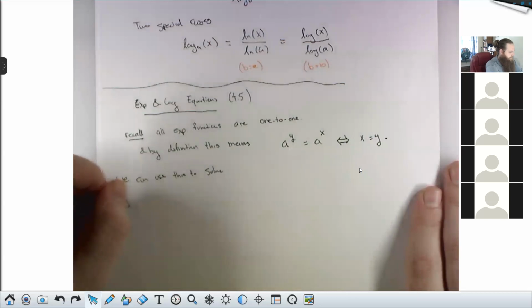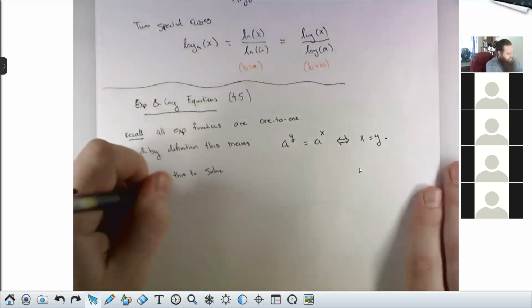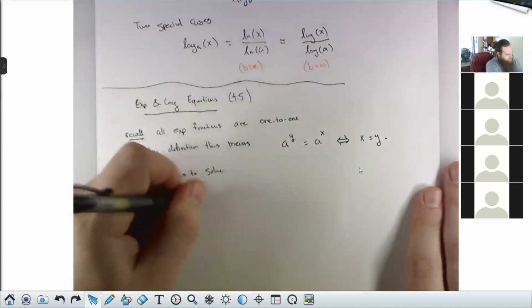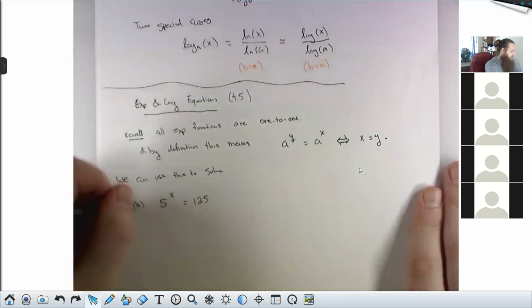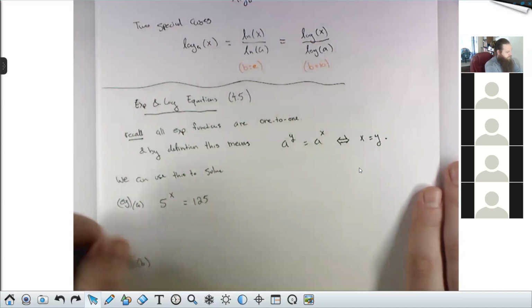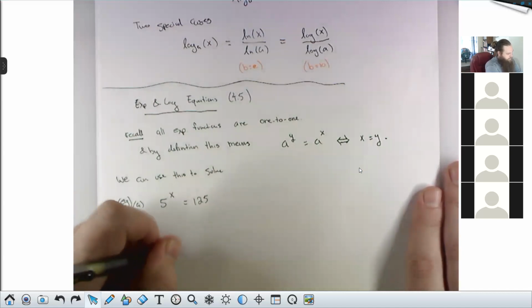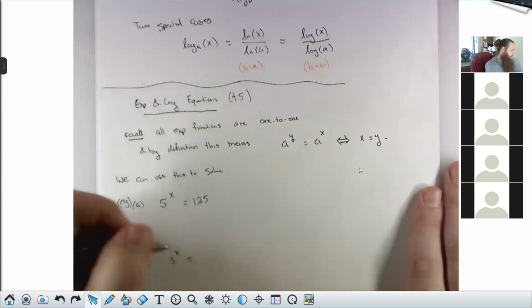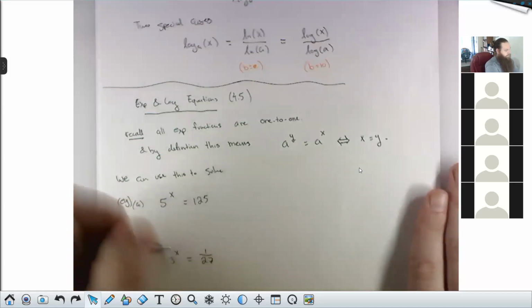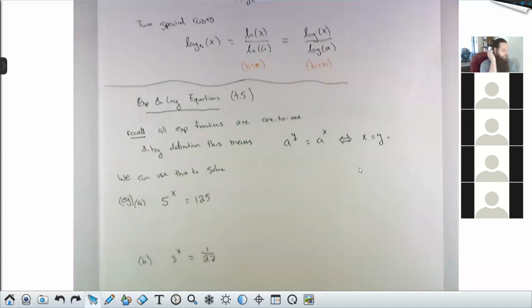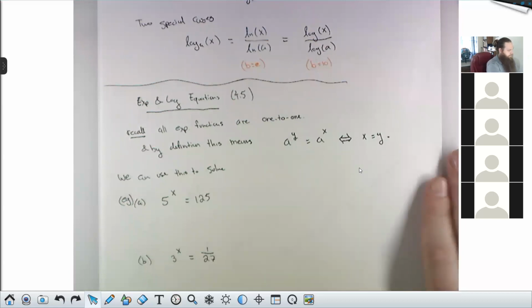For example, I could use this to solve 5 to the x equals 125, or 3 to the x equals 1 over 27. I'll do one more after this, but let's start with these.